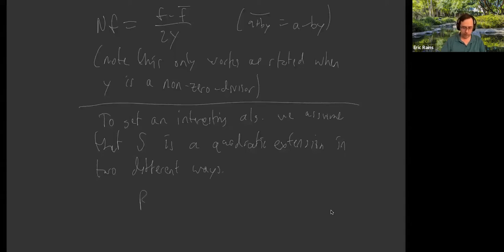So in other words, we have 2 algebras, R1 and R2, contained in S, and S is free of rank 2 over either one of them. And in particular, we have S is R1 plus Y1 R1 and R2 plus Y2 R2, where yi squared is in Ri.